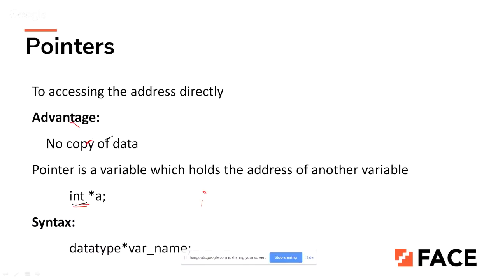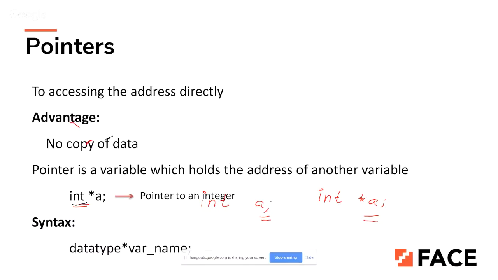For example, if I'm declaring int a, this is a normal variable. If I want to differentiate a normal variable from a pointer variable, I have to use an operator called star. So int a is a variable which is used to hold a value, and int star a is a pointer variable which is used to hold the address of another variable. This is the syntax of pointers.